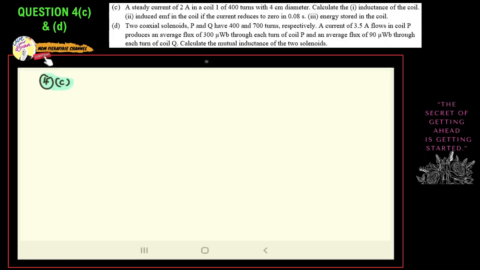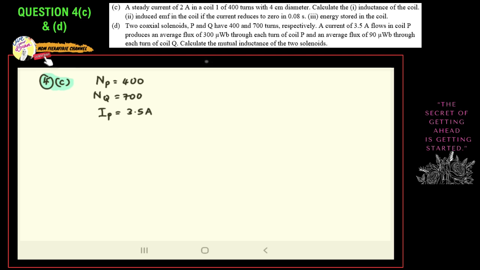Alright, so here we have two coaxial solenoids, P and Q, and they are 400 and 700 turns. So NP is 400 and NQ is equal to 700 turns. Given that the current 3.5 ampere flows in coil P, so means that IP is equal to 3.5 ampere. So siapa yang ada current? Coil P lah.